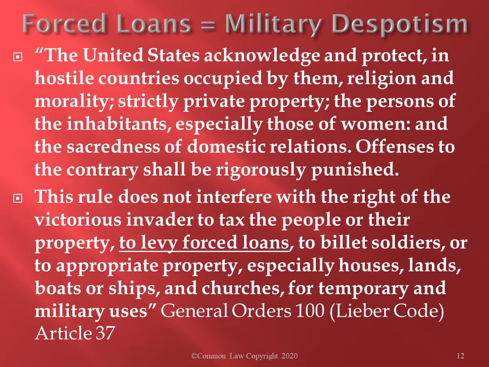This rule does not interfere with the right of the victorious invader to tax the people or their property or to levy forced loans. So, forced loans is evidence of a military dictatorship, a military despotism.